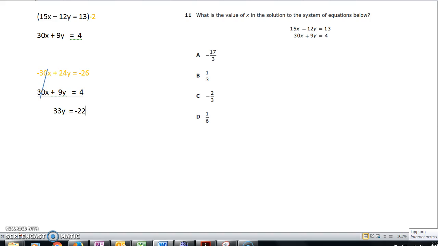All right. So now I'm going to solve for y, divide both sides by 33.